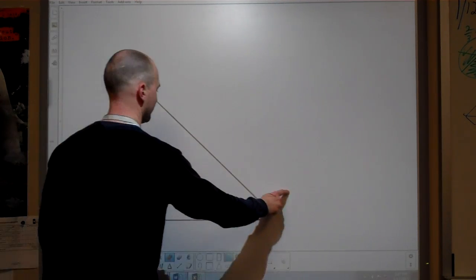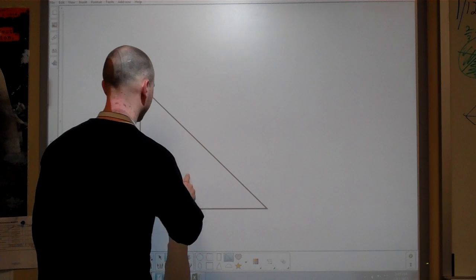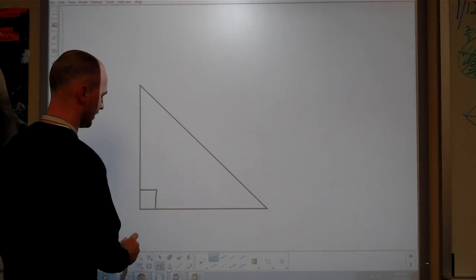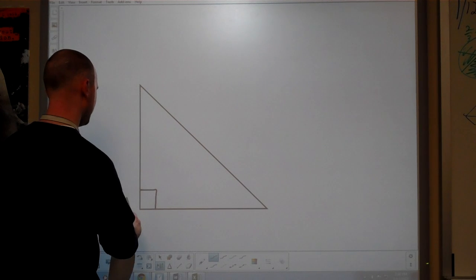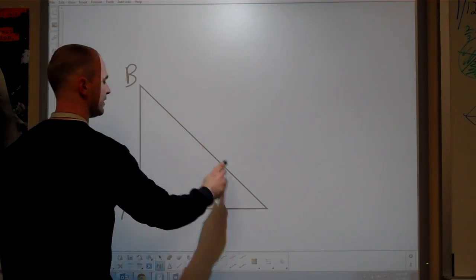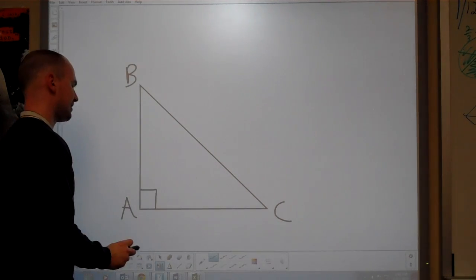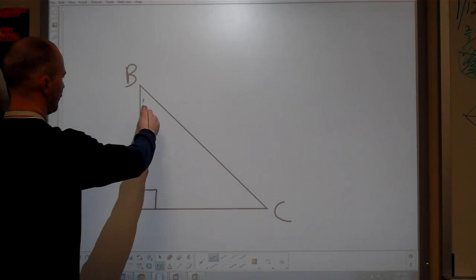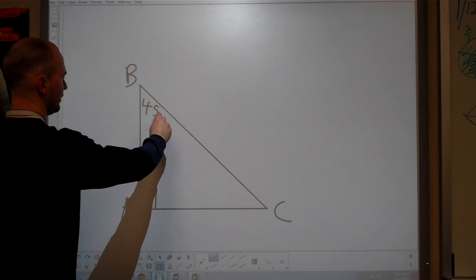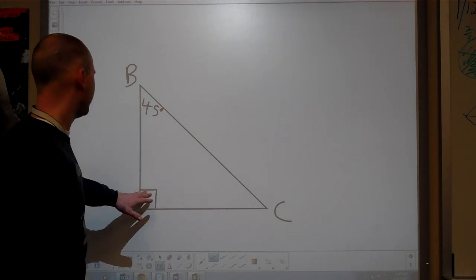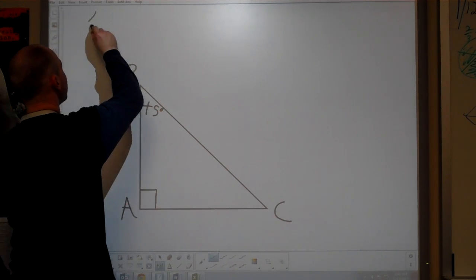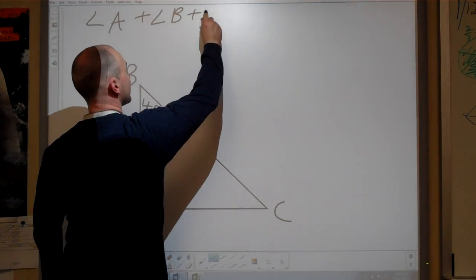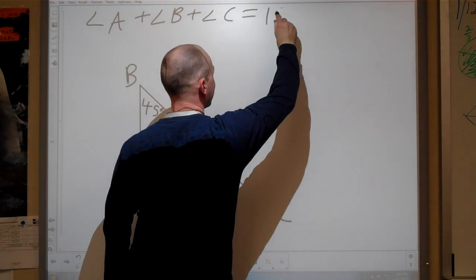So here, I've got, if this right here looks like a right angle, so this is angle A, this will be angle B, and this will be angle C. So if this one right here is 45, okay, so I've got 90, angle A, plus angle B, plus angle C, well, that equals 180.